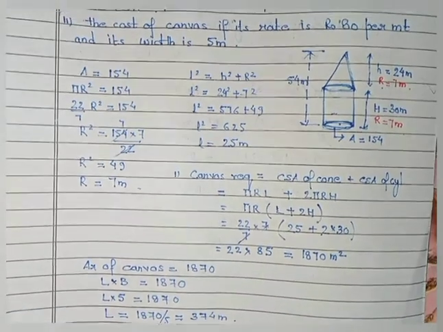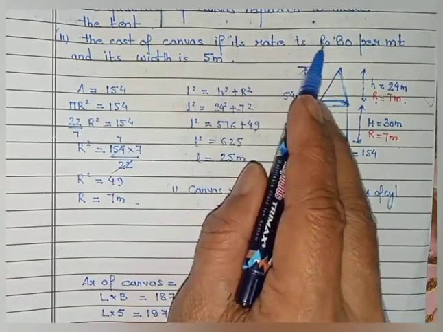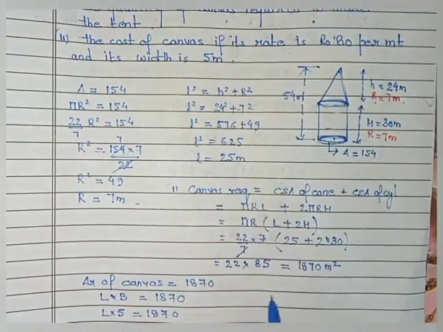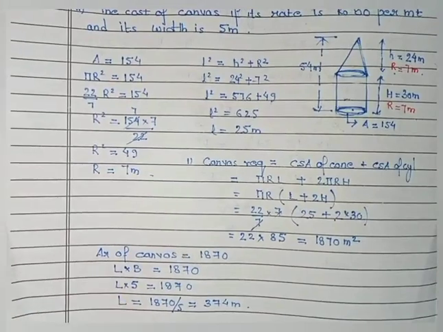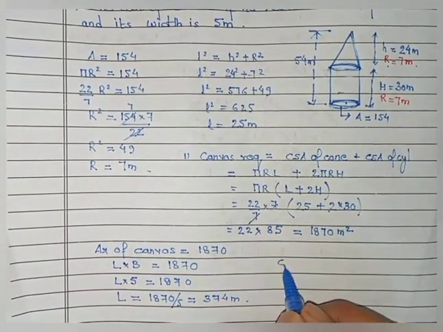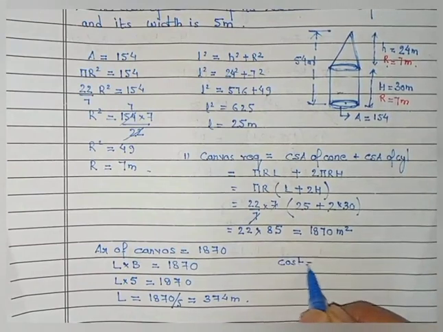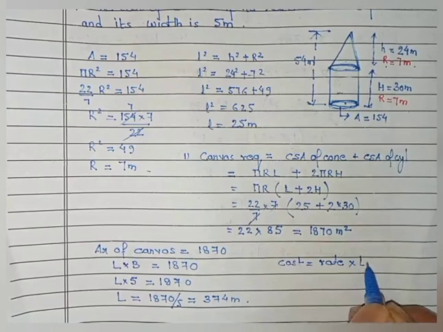Now they have asked you to calculate the cost of the canvas and the rate is rupees 80 per meter. So after getting the length, now you can get the cost of canvas. Cost will be equal to rate into length.